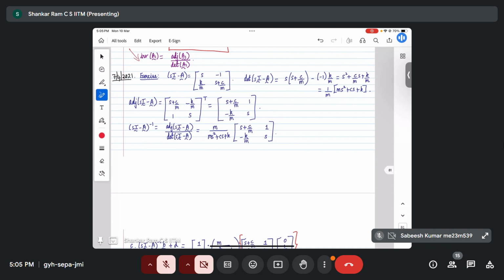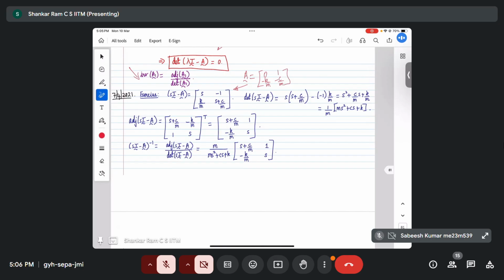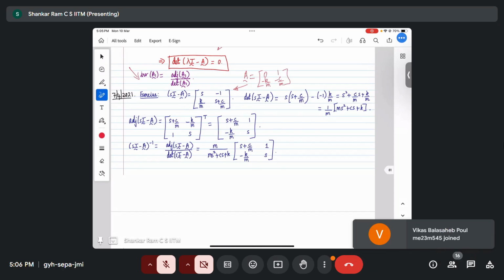For the mass spring damper system, the matrix A, if you remember, was [0, 1; minus K by M, minus C by M]. So consequently, sI minus A comes out to be this. As we discussed, the inverse of a matrix is the adjoint of the matrix divided by its determinant. Now, how do we get the adjoint of a matrix?